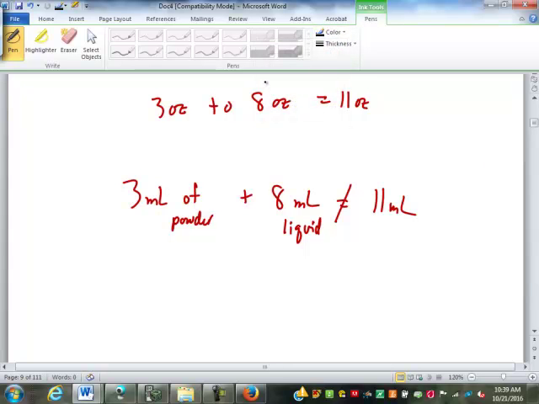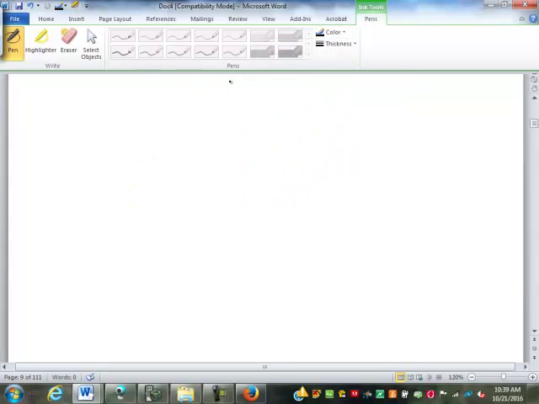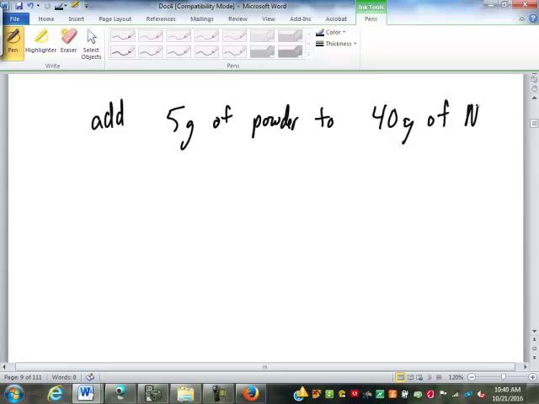So for a weight in weight concentration, let's say we are going to add 5 grams of powder to 40 grams of sterile water.